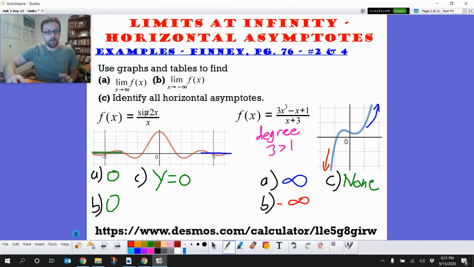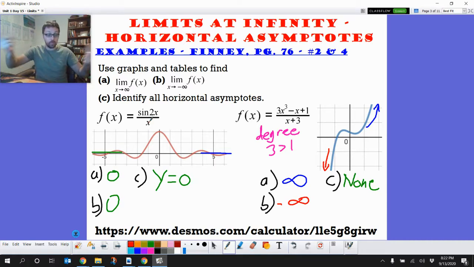Think about what's happening over here. Sine is just wobbling between -1 and 1, so it's staying a very small number. Meanwhile, as we approach positive infinity, we put this huge number in the denominator. So we've got 1 over a big number.